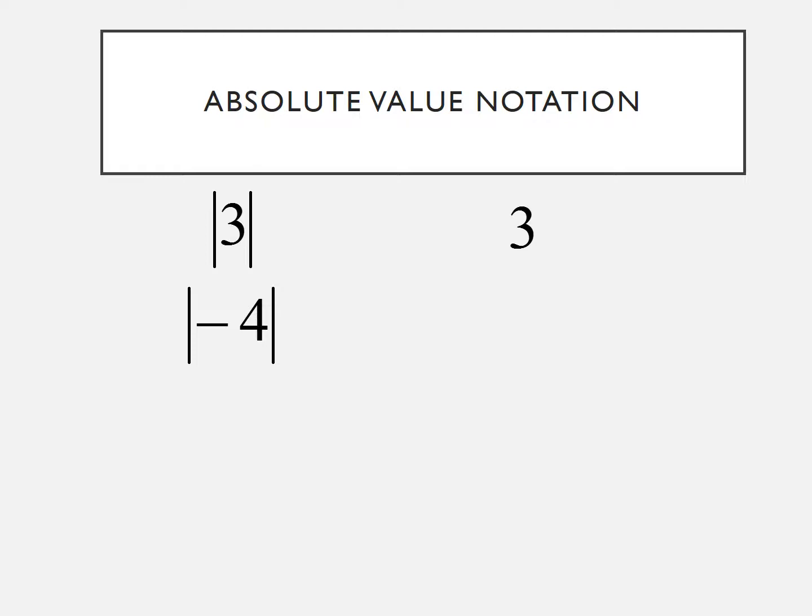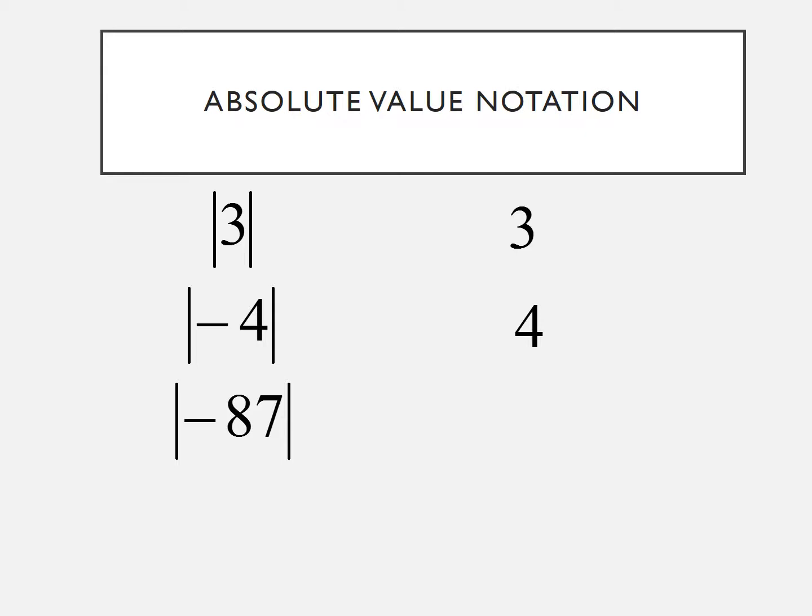Furthermore, the absolute value of -4, in other words, how many steps from 0 did we travel even though we traveled in the negative direction, would be 4. The absolute value of -4 is 4.